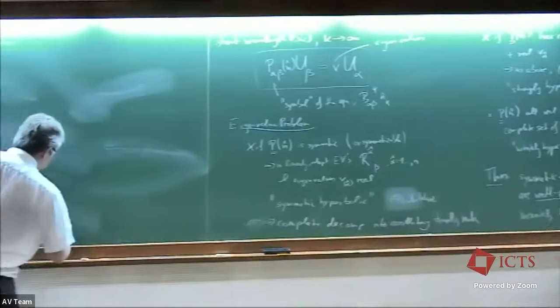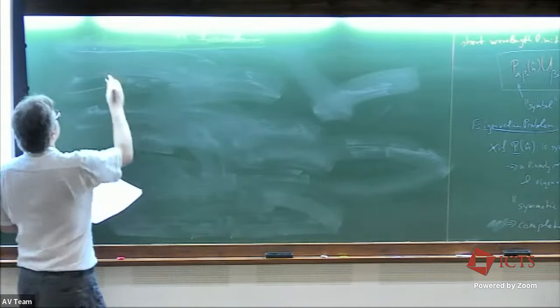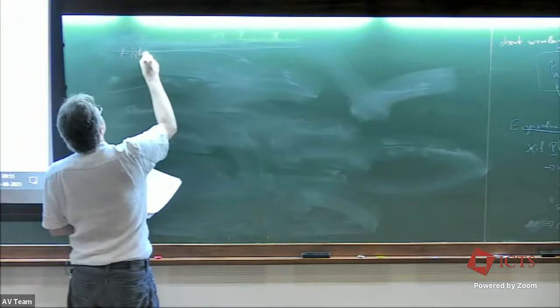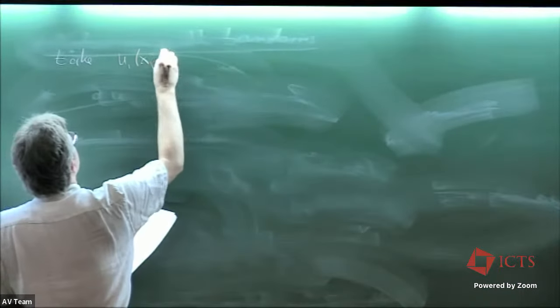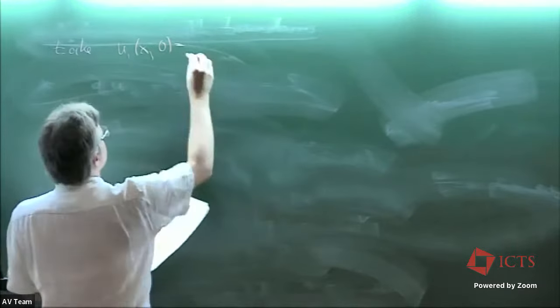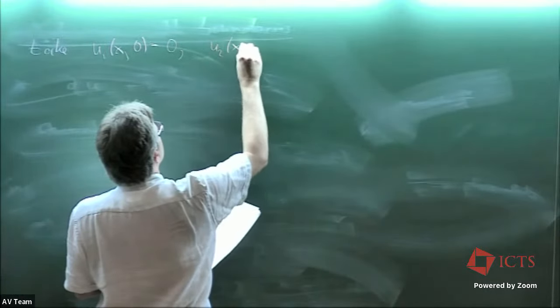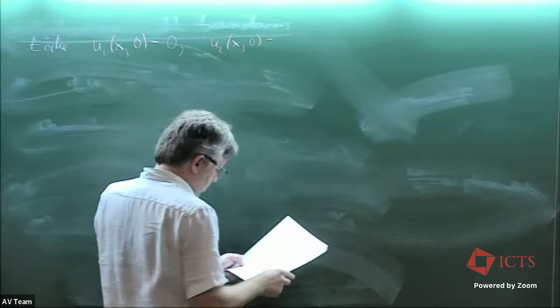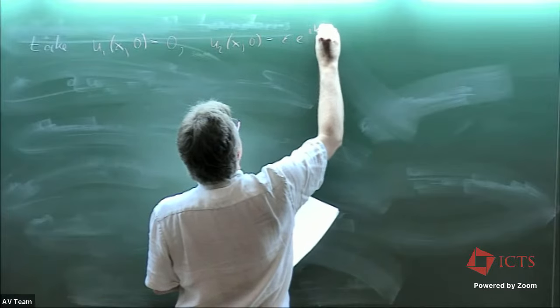And what I now want to do is use a very special initial condition here. Namely, I want to take u1 of x comma 0 to be 0, and I want to take u2 of x comma 0 to be epsilon times e to the ikx.